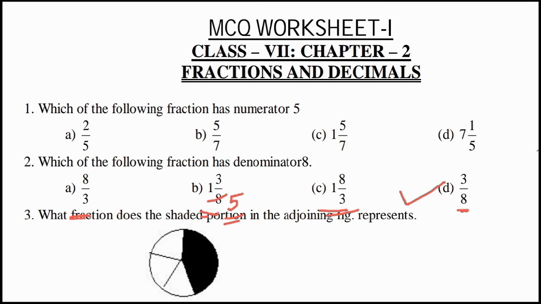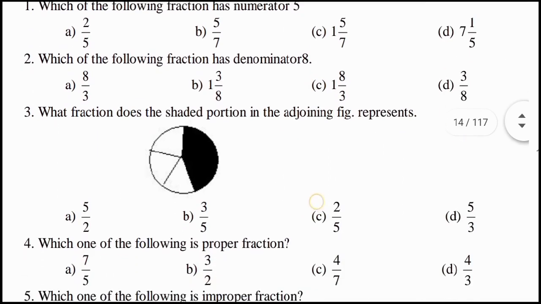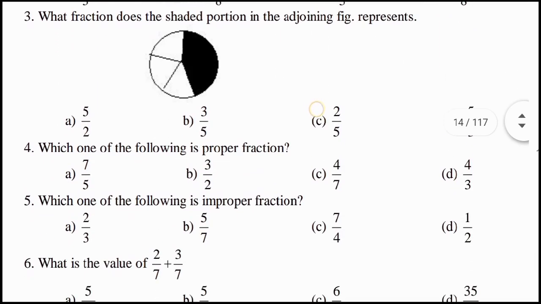Now question number 3. What fraction does the shaded portion in the adjoining figure represent? First we observe this figure. Here total parts are 1, 2, 3, 4 and 5.